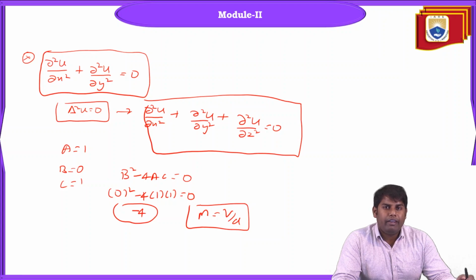The value of a varies depending on the medium. In a solid it is different, in a fluid or liquid the speed of sound is different, and in a gas or vacuum it is different as well. So the a value depends on the fluid medium.